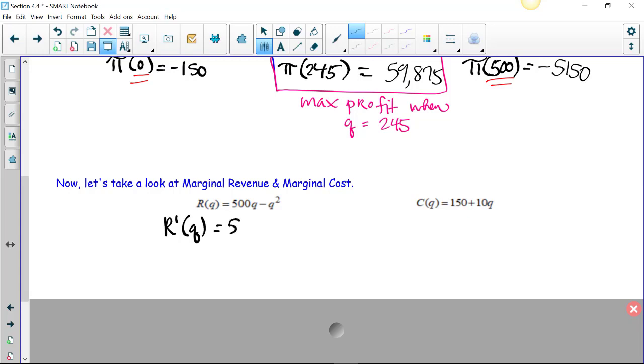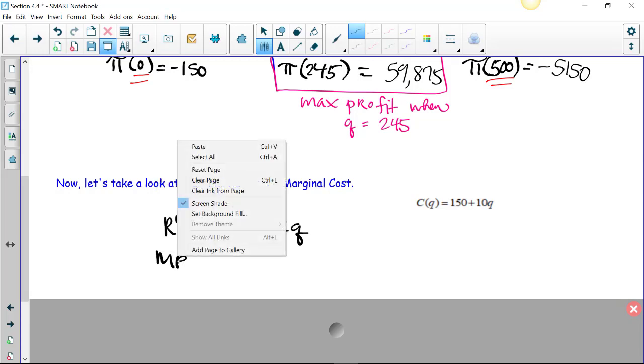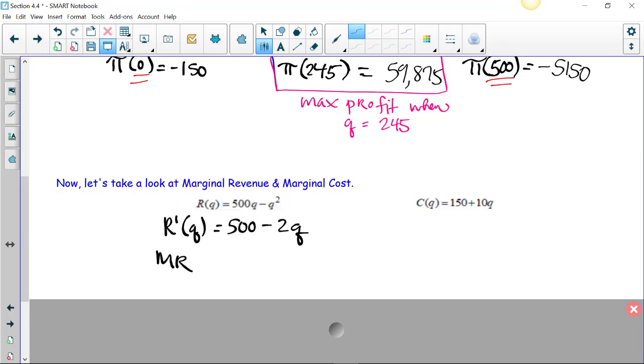So our revenue function is 500 minus 2Q, and the derivative would calculate the marginal revenue. Or we can use MR of Q, same thing, and we could also write it by switching the order there.